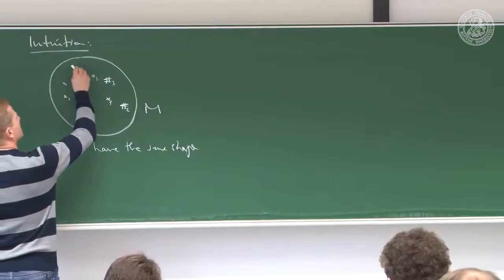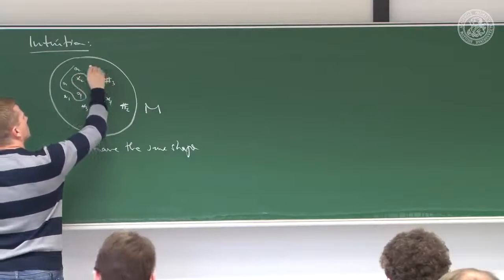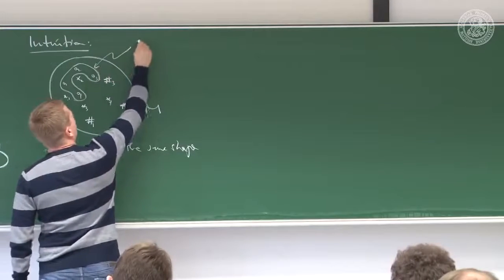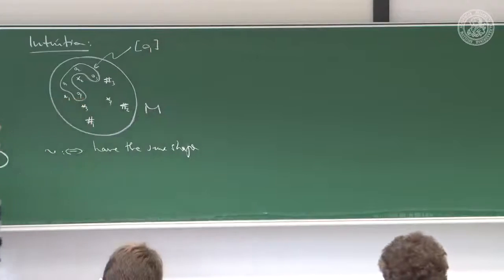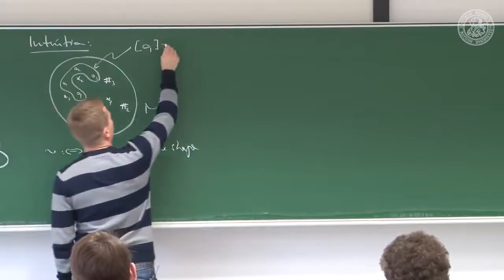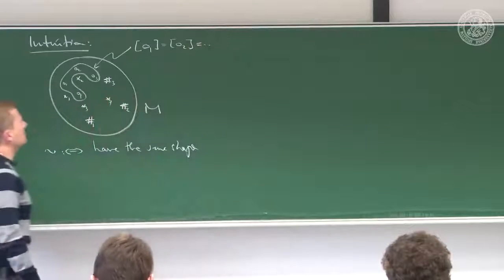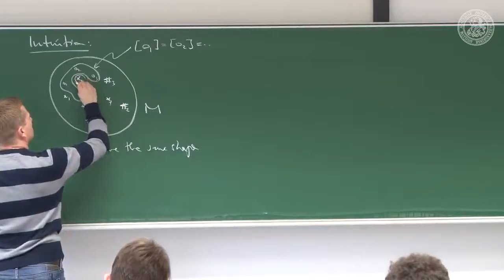Well, the equivalence classes are, this set is one equivalence class. We could call it the equivalence class represented by circ 1, but obviously it's also the equivalence class of circ 2 and so on. The next equivalence class is this set.